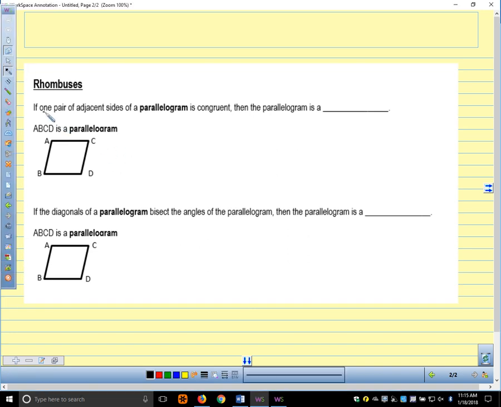If one pair of adjacent sides is congruent, then the parallelogram is a rhombus. We know this is a parallelogram, and we know that one pair of adjacent sides is congruent.